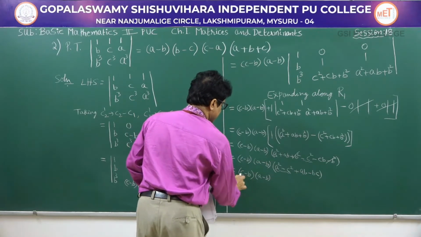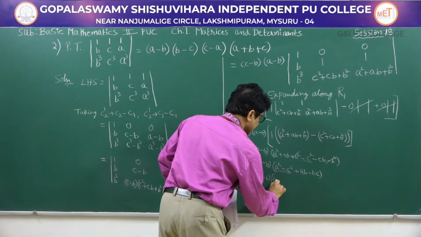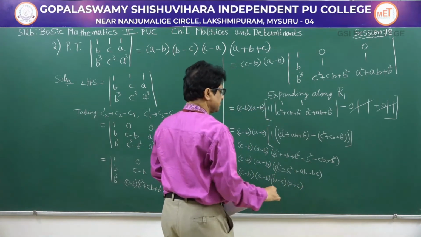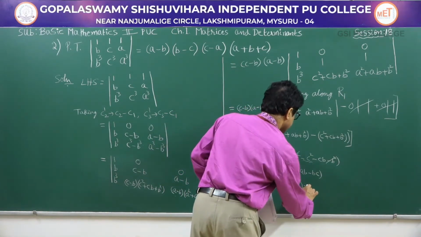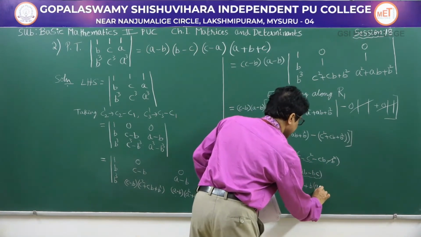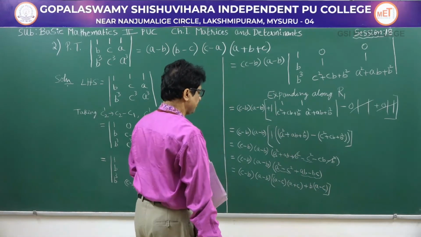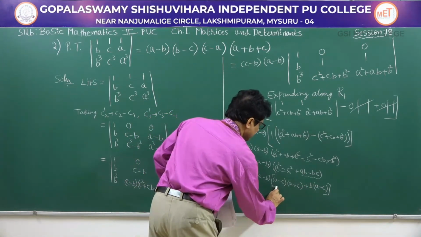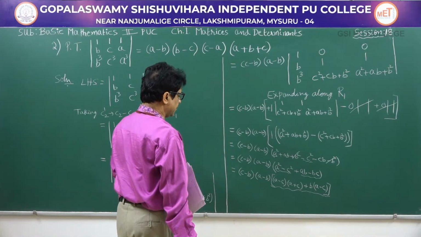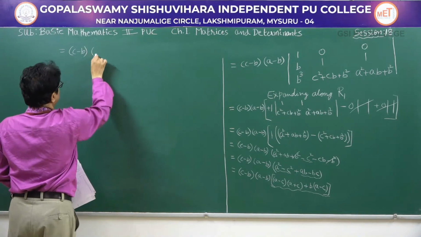First we write the terms as it is, c minus b into a minus b. a square minus c square is a minus c into a plus c, plus we take b common in these two terms, we get a minus c.